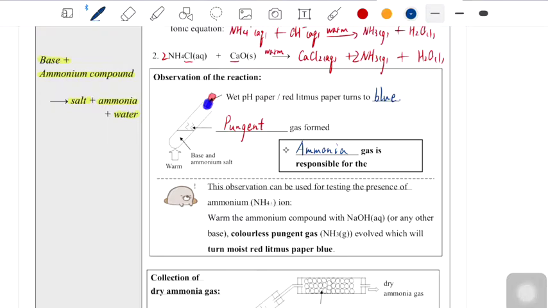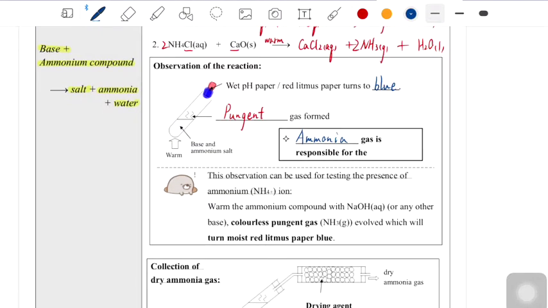So this is a test for ammonium ion in a compound. It has to fulfill 2 criteria. First, we need to warm the ammonium compound with a base. And then if a colorless pungent gas is formed, and this gas turns wet red litmus paper blue, then it's ammonia gas.